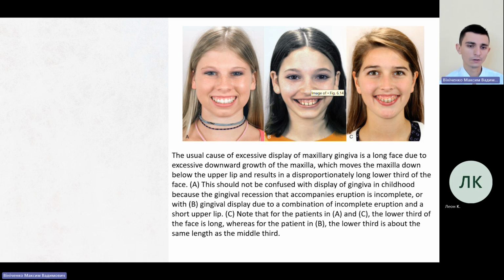This should not be confused with display of gingiva in childhood, because the gingival recession that accompanies eruption is incomplete, or with gingival display due to a combination of incomplete eruption and a short upper lip. Note that for the patients in A and C, the lower third of the face is long, whereas for the patient in B, the lower third is about the same length as the middle third.